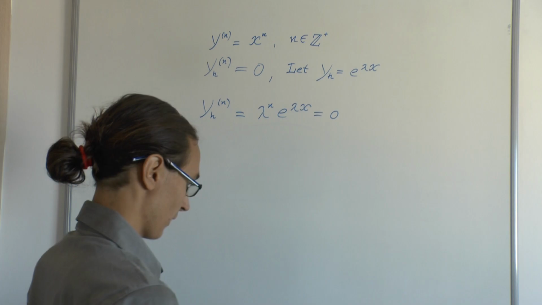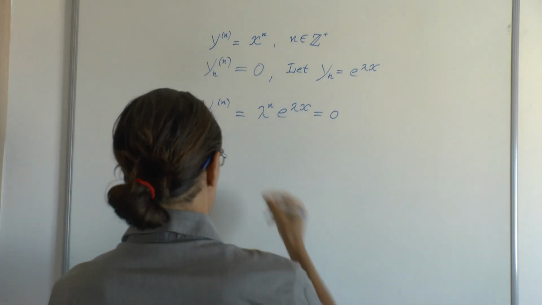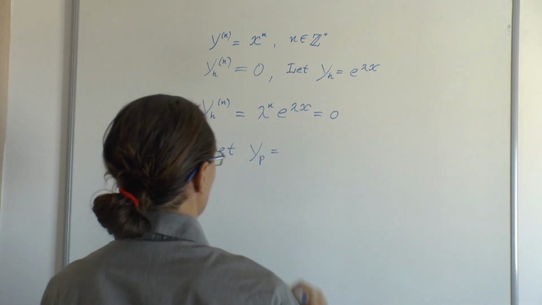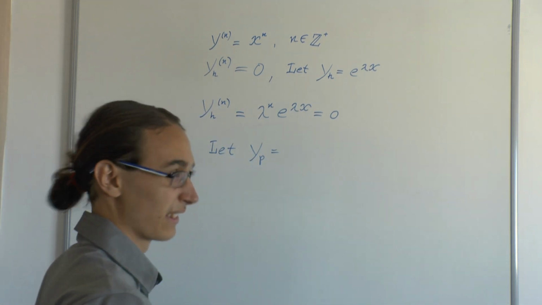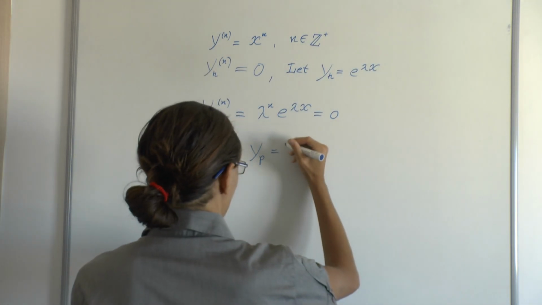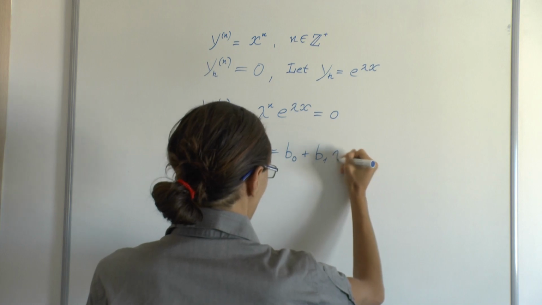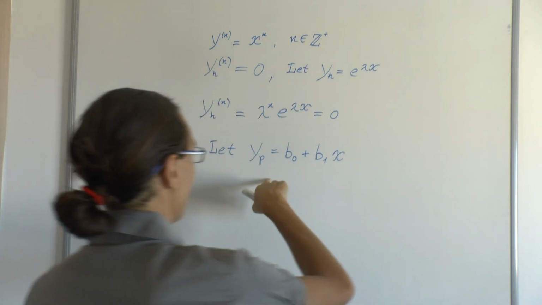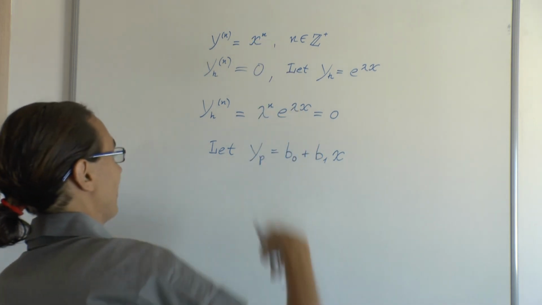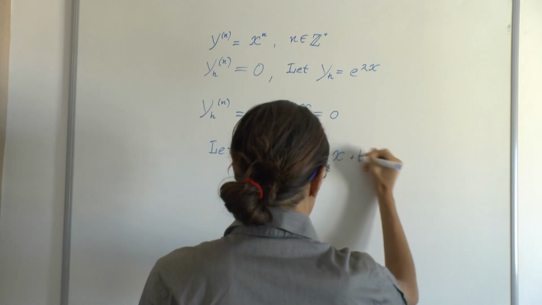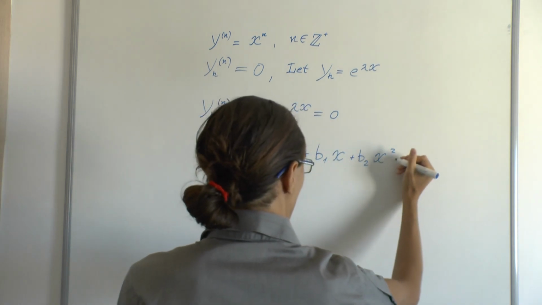Now, what next? Oh, yes, the particular solution. So we're going to let y_p equal to... Now, this one's going to be a little tricky, you're going to have to think a little bit about this. b0 plus b1 x, plus b2 x squared, and so on, up to b_{2n} x to the 2n, because if we differentiate this n times, we want it to be equal to x to the n.